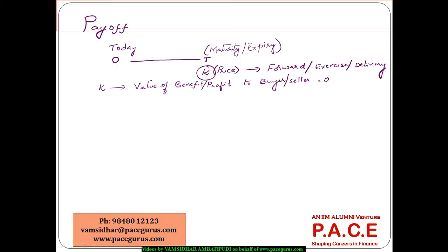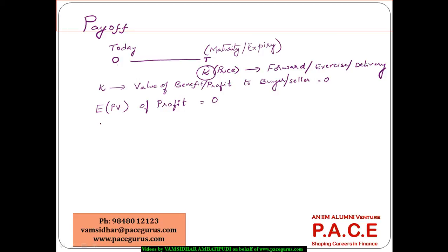Because when it is clearly known that the buyer is not going to win, or that the seller is not going to win, there is no point for them to enter into the contract. So generally what we talk of is the expected present value of the profit, when I look at it from the perspective of the buyer or a seller, is 0.